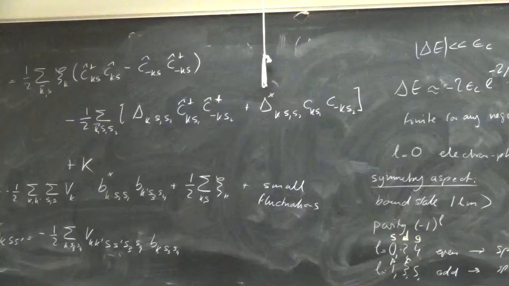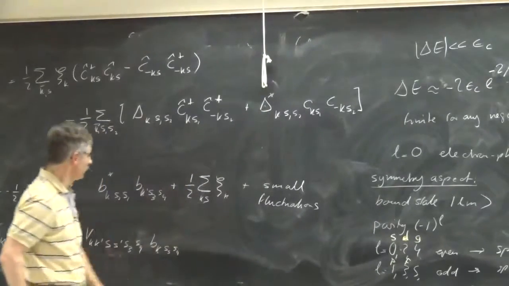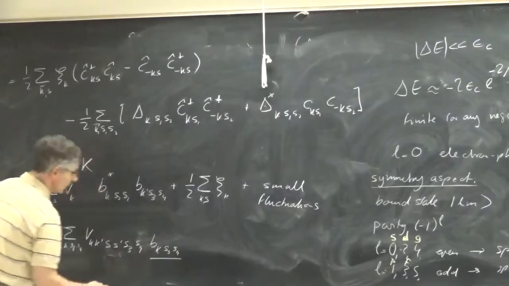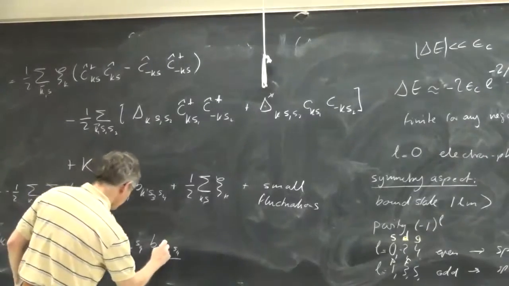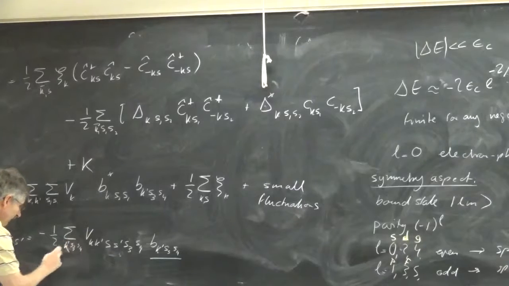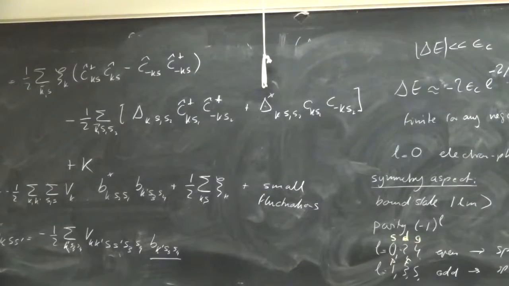And then the same thing can be done for the delta star of k and s. And so this here contains now this. Right, that's k prime there on b, right? That's k prime. Yeah, thank you. And then the sum is also over k prime.